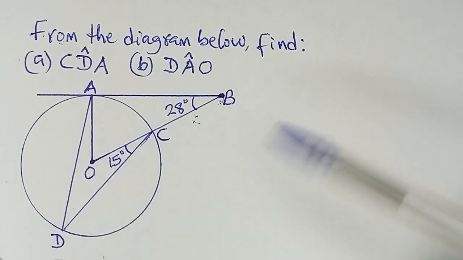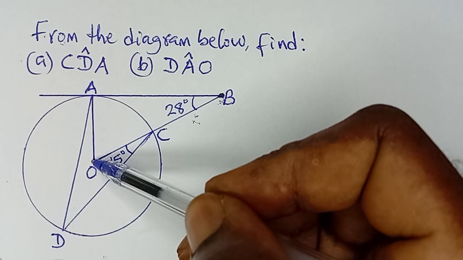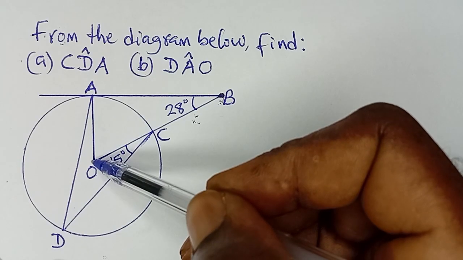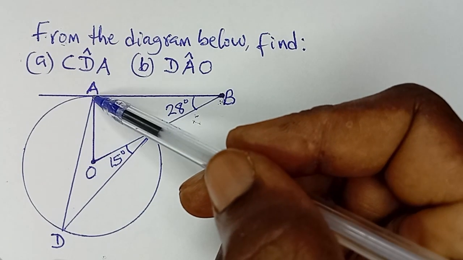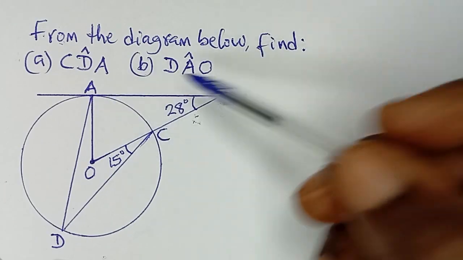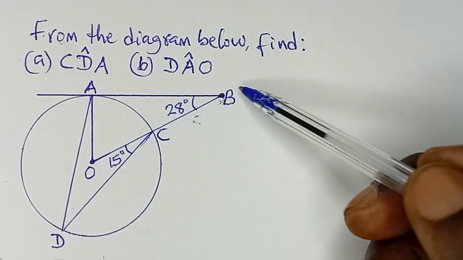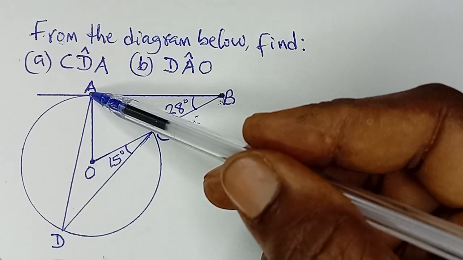Now, let's start from the theorem that says that when you have a line drawn from the center of a circle onto a tangent, that line is perpendicular to the tangent. Don't forget this line AB is a tangent. An external line that touches a circle is a tangent.